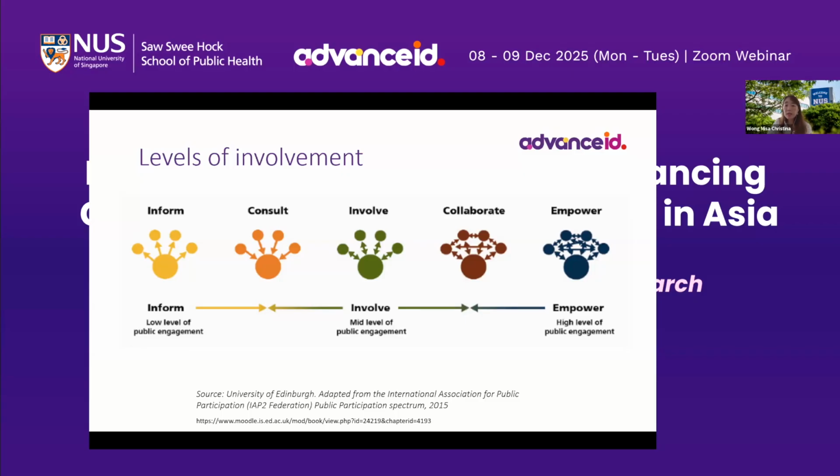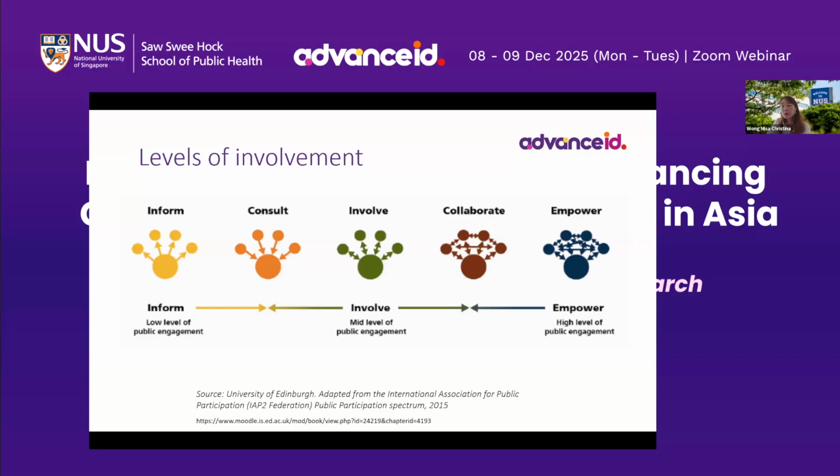The empowerment end of the continuum means the research is user-led. Patients and the public are in charge of the research, and an effective patient and public engagement strategy for a research study or program might require activity at all levels of the continuum. The level of community involvement that a study chooses can also be different at different phases of the study.